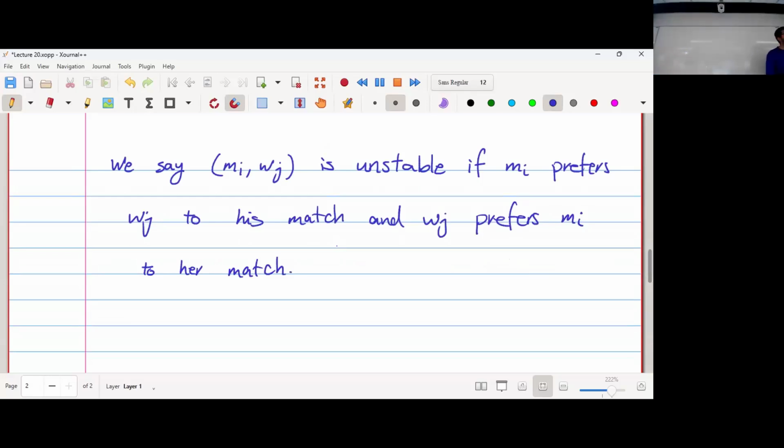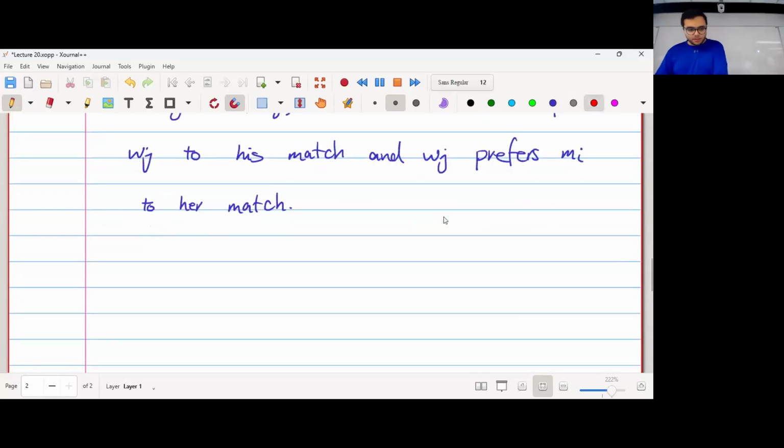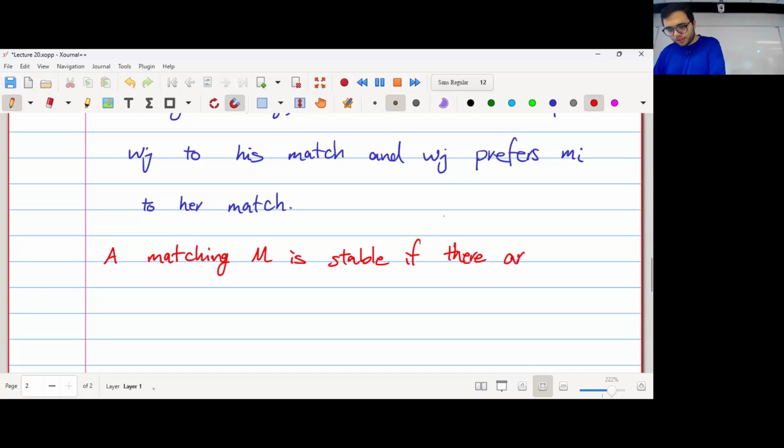As you can imagine, we say that a matching is stable if every pair is stable, if we don't have any unstable pairs. So a matching M is stable if there are no unstable pairs.